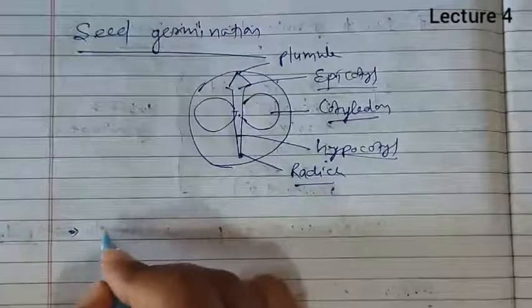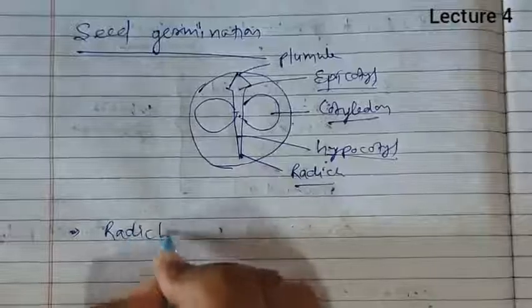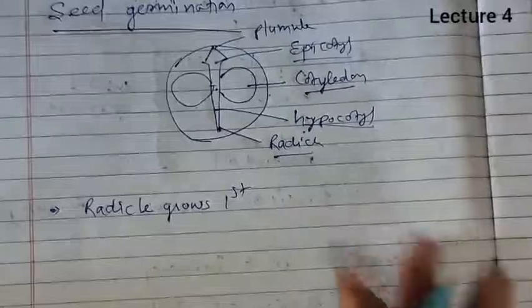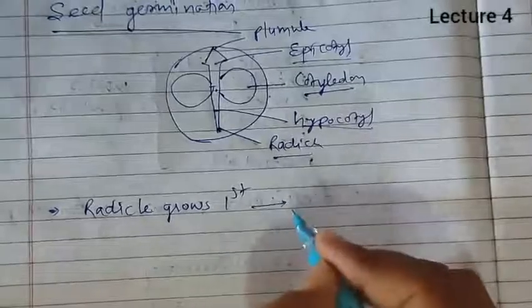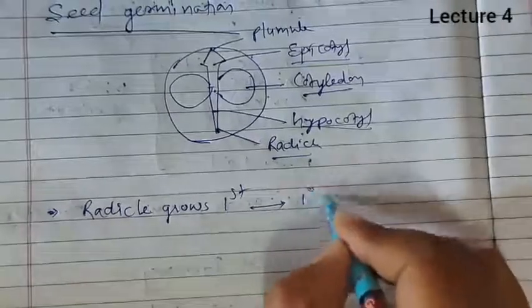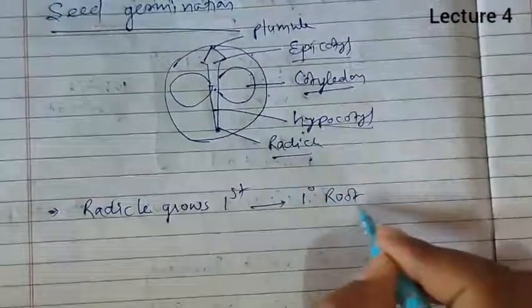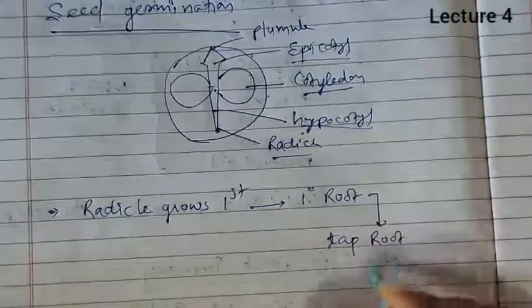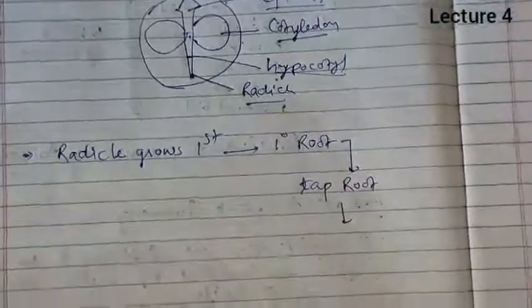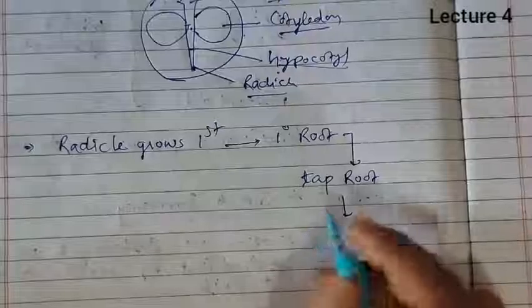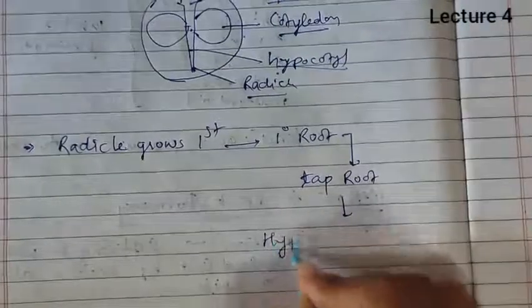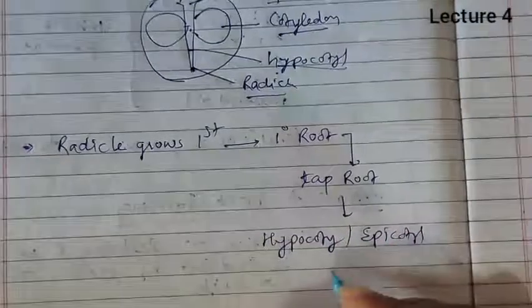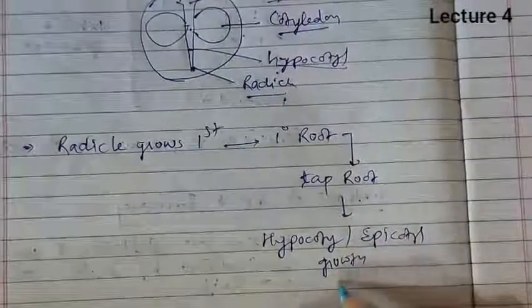So what happens first? The radicle grows first, and after this it is established as the primary root, which later works as the taproot, so establishment within the soil occurs properly. After the growth of the radicle, the hypocotyl or epicotyl grows.